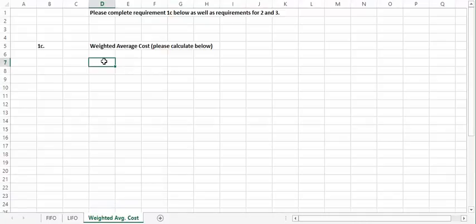So we're going to take that amount, 75,285, and then we're going to divide it by the total number of units. So in your homework, since these are different numbers, you're going to divide by the 6,000 total units you are given.